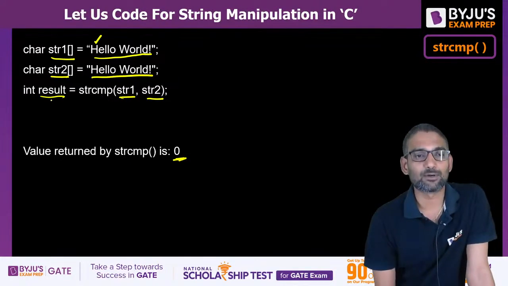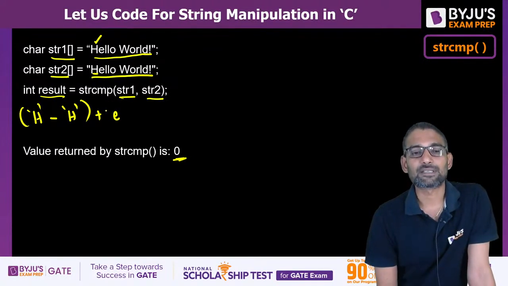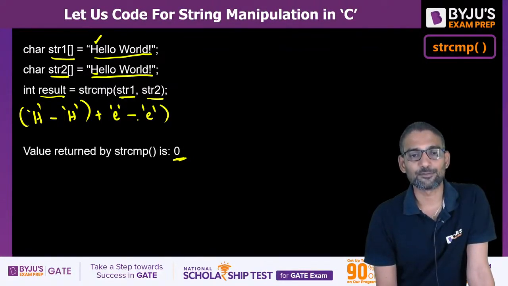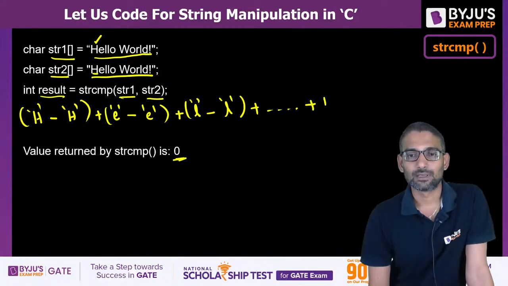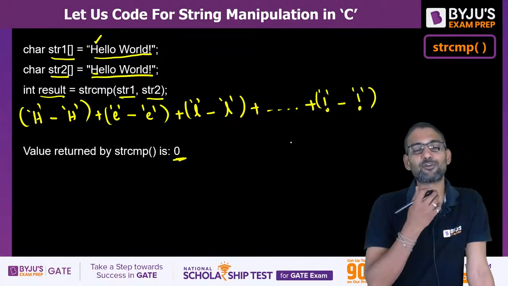The first character of str1 minus the first character of str2, plus the second character of the first string minus the second character of the next string, plus the third character of the first string minus the third character of the second string, and so on. The last character of the first string minus the last character of the next string.